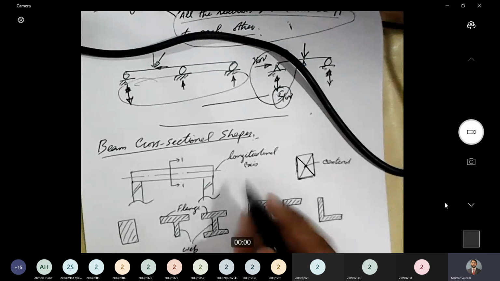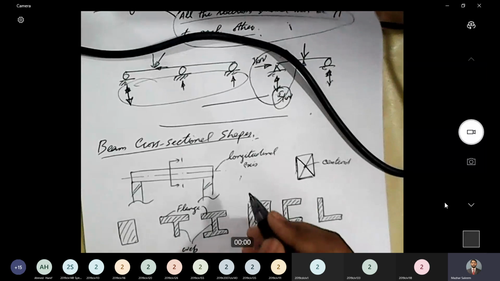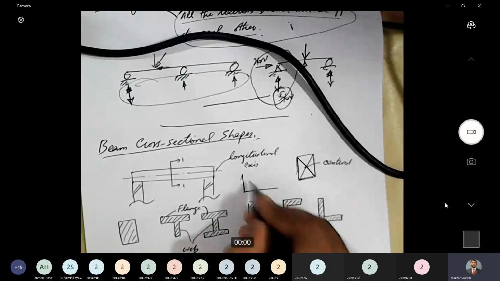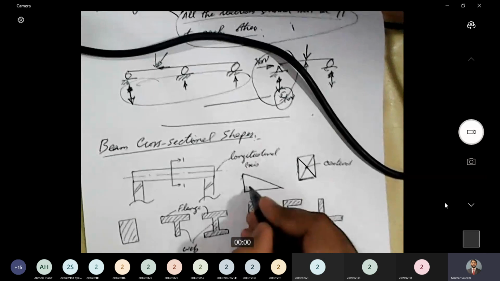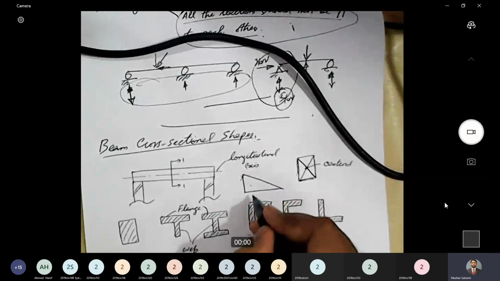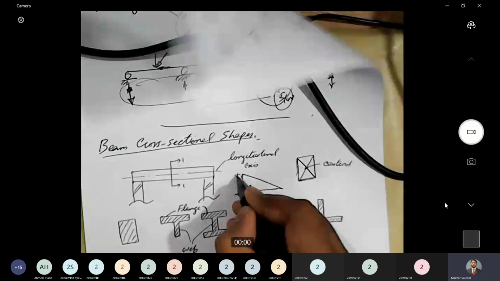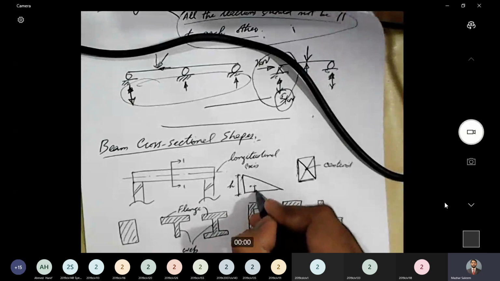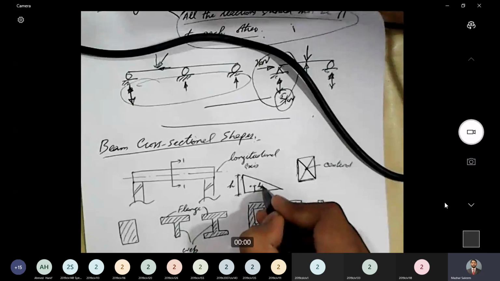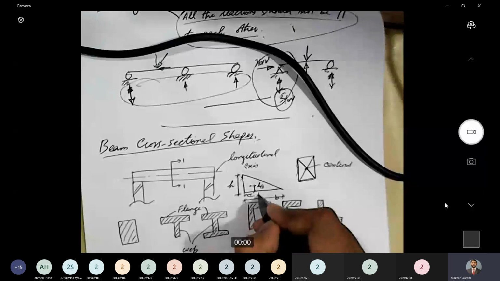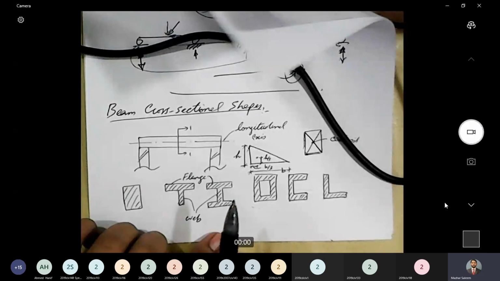For triangles, the centroid is somewhere over here. If this is height h, then this dimension is h/3. And if this dimension is, let's say, b, then this location of the centroid is b/3. Okay, so these are the centroids.